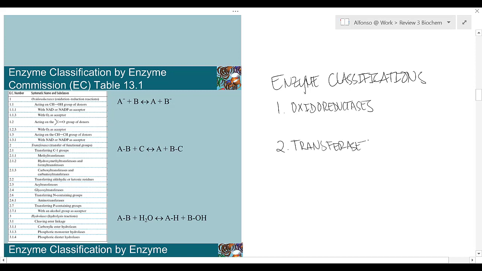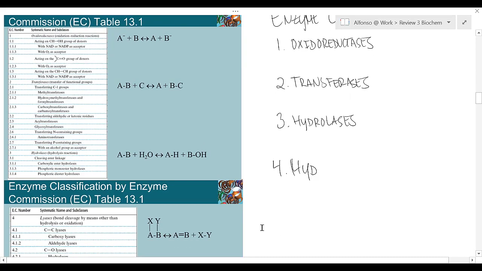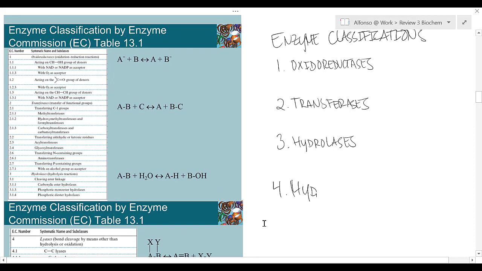The third one is hydrolases. The fourth one is liases. The fifth one is isomerases.